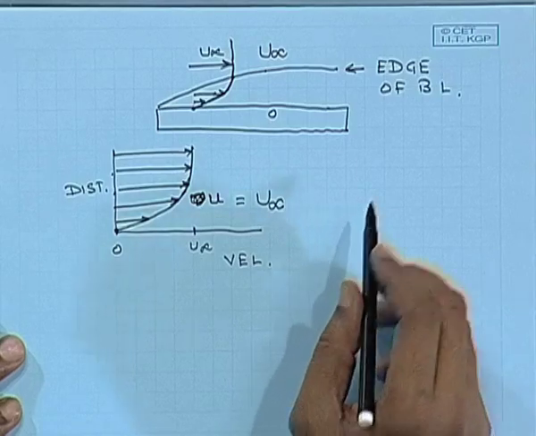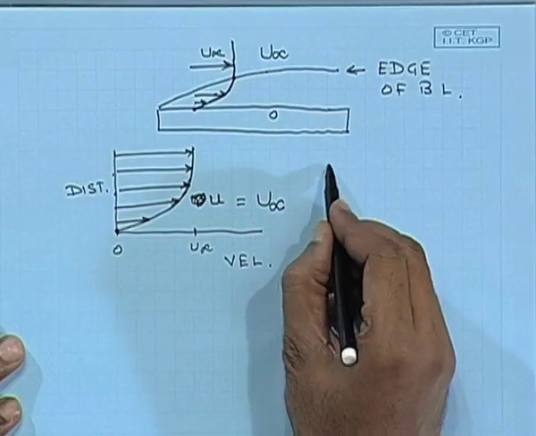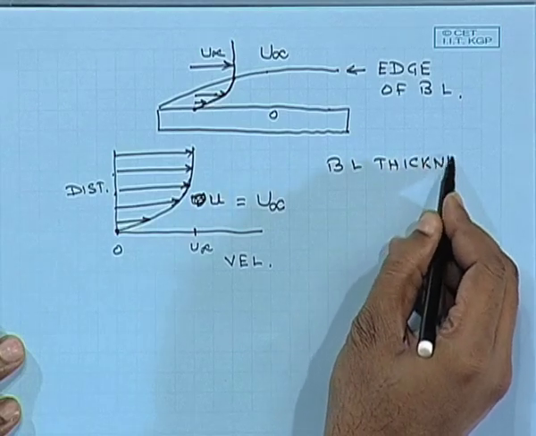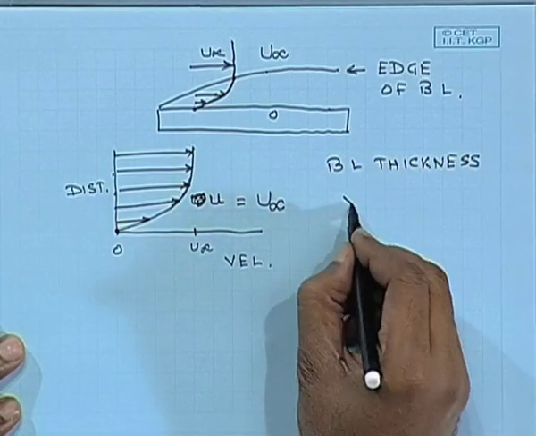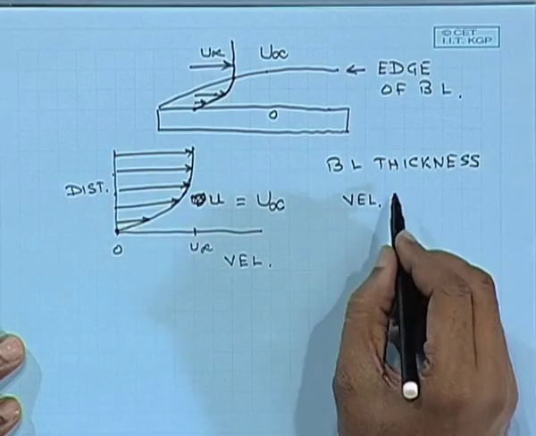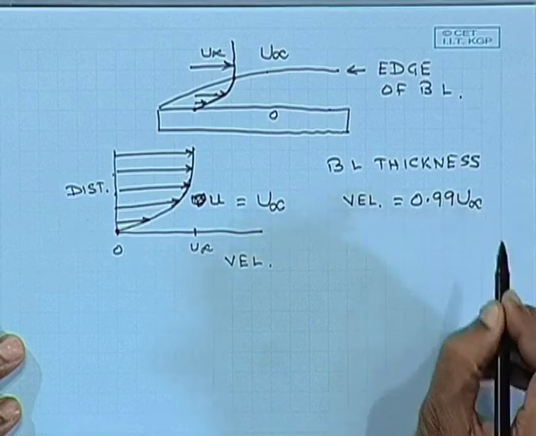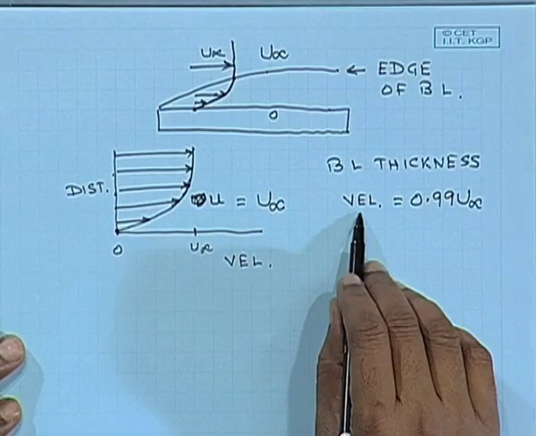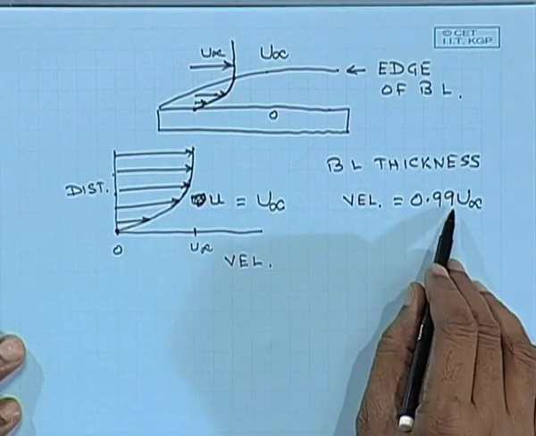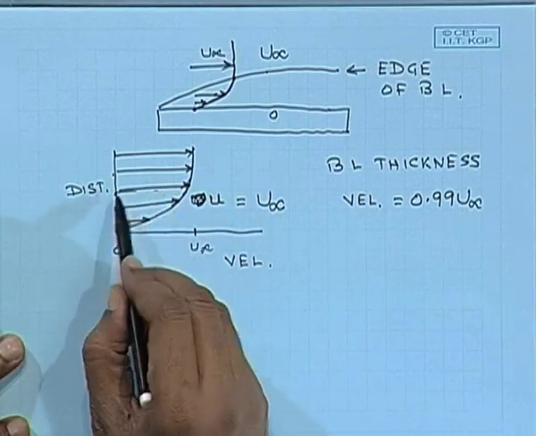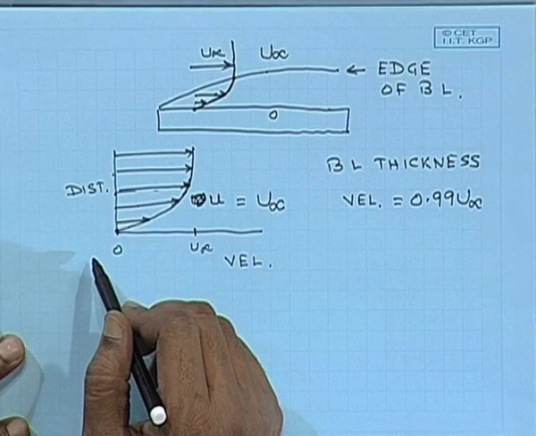The general definition for the boundary layer thickness is where the velocity inside the boundary layer is equal to 99% of the free stream velocity. So where velocity is equal to 99% of free stream velocity, that thickness is termed as boundary layer thickness.